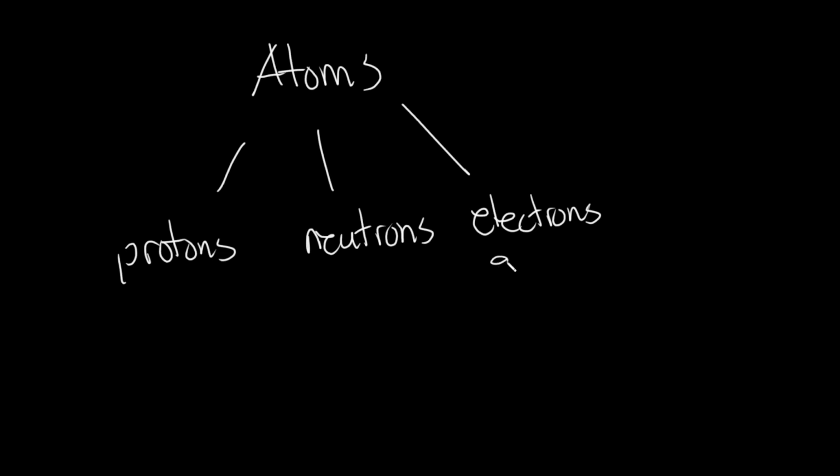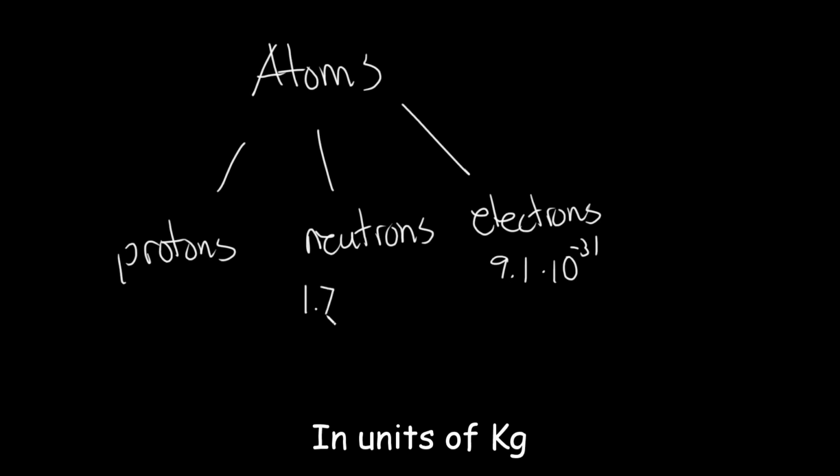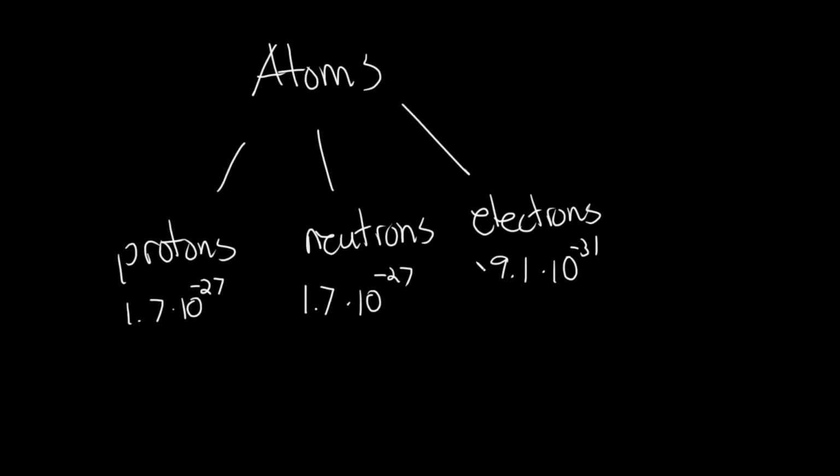So the rest mass of an electron is approximately 9.1 times 10 to the minus 31. The rest mass of a neutron is approximately 1.7 times 10 to the minus 27. And the rest mass for a proton is the same, or approximately the same. So from here we see that the rest mass of an electron is almost 1000 times less than the rest mass of a proton or neutron.